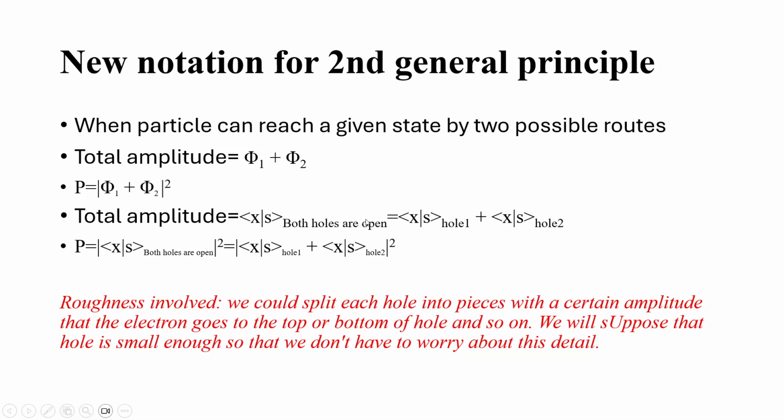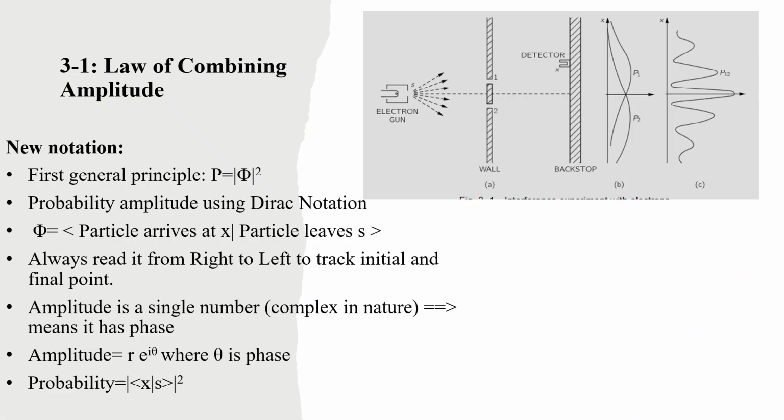Now, new notation for a second general principle, when particle can reach a given state by two possible routes. So there are two amplitudes, two paths. Why we said two paths?